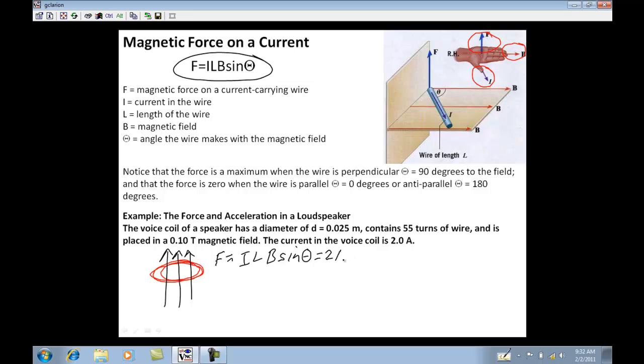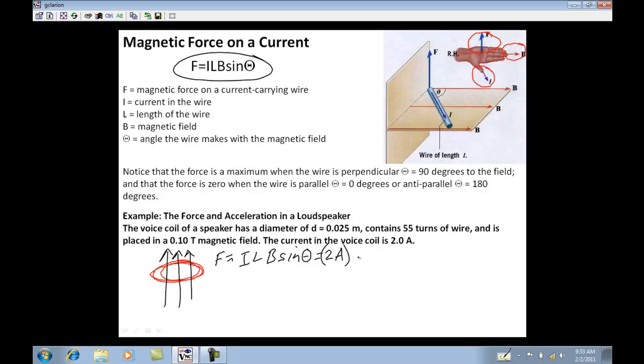2 amps. The length of the coil we're going to have to figure out. We know its diameter is 0.025, so I'm going to have to figure out the circumference from that. To figure out the circumference, I take the 0.025 and multiply that times pi.